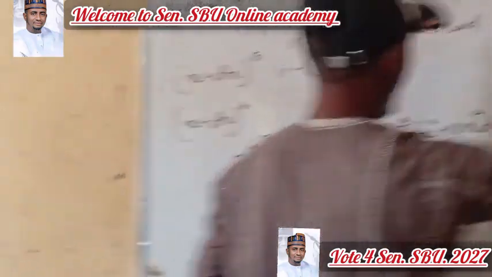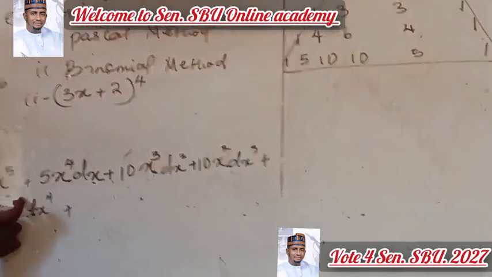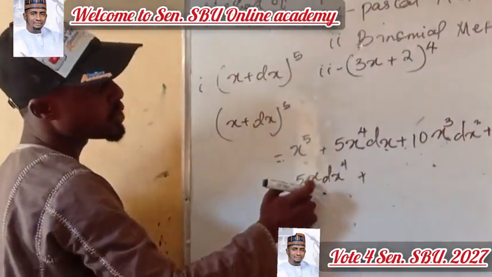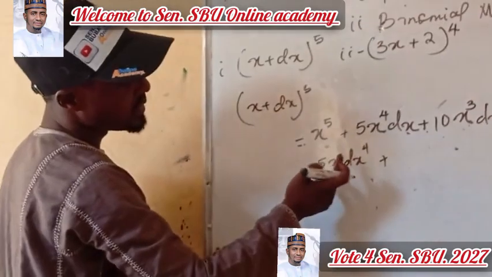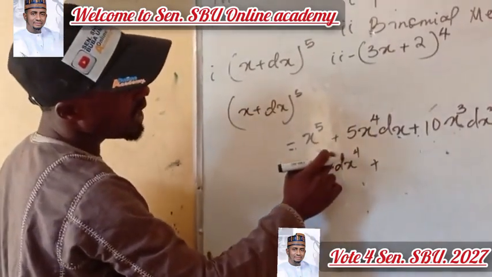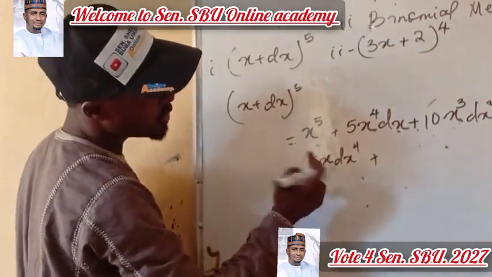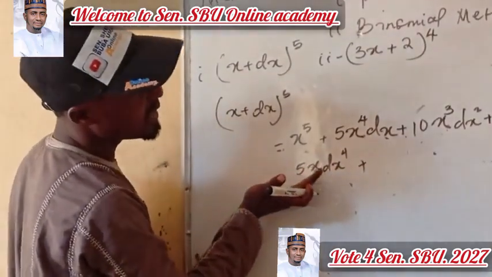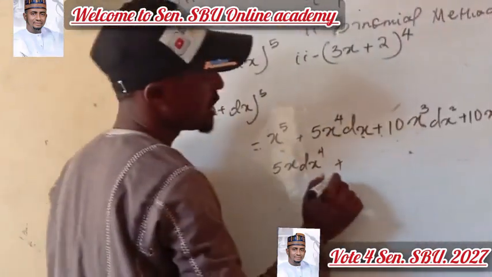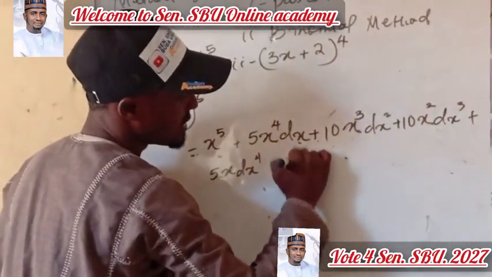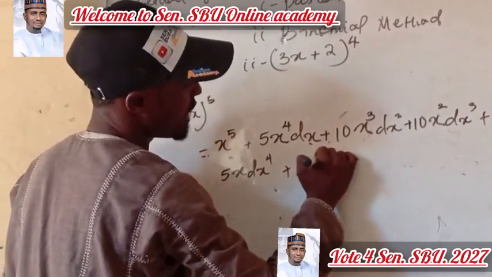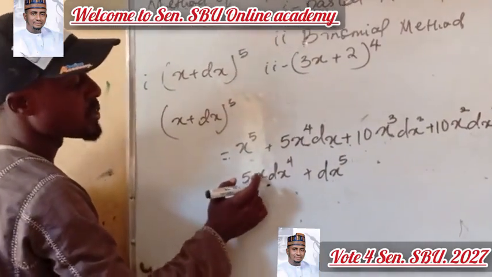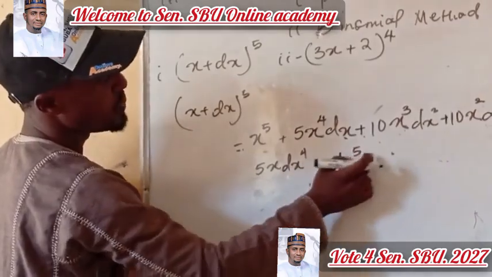If you look at the one we have here, if x decreases by 1, it will be power 0, and any number raised to power 0 is 1. 5 times 1 is this. Then dx raised to power 4. That means all this will be neglected because the coefficient we have here is 1. Then 1 dx, dx power 5, because x decreased by 1 is 0. If x is 0, any number multiplied by 0 is 0. Then dx will be power 5.